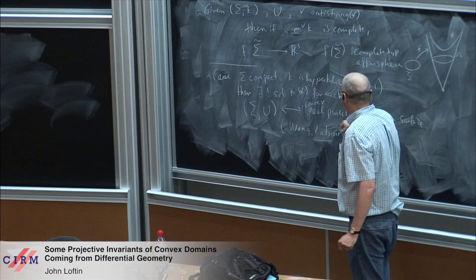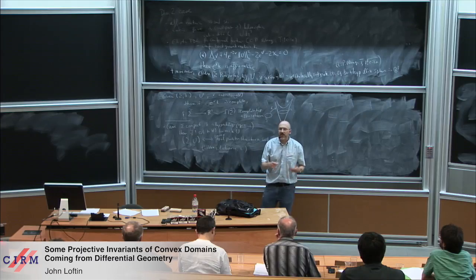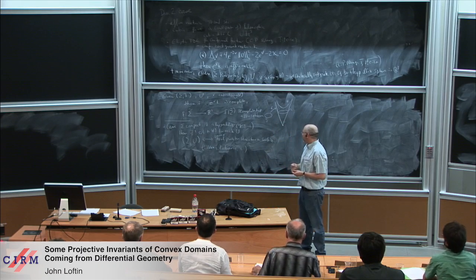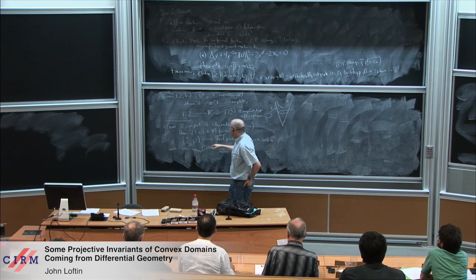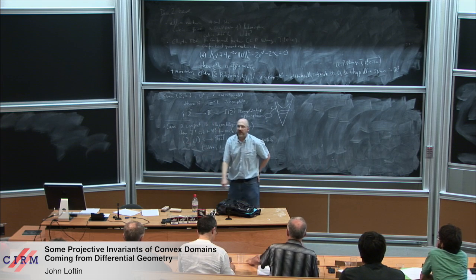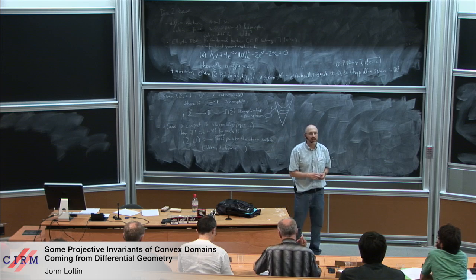And so this is a way of describing the Teichmüller space of all these convex real projective structures. So basically these are quotients of convex domains by projective linear actions, and you can describe it in terms of this holomorphic data.